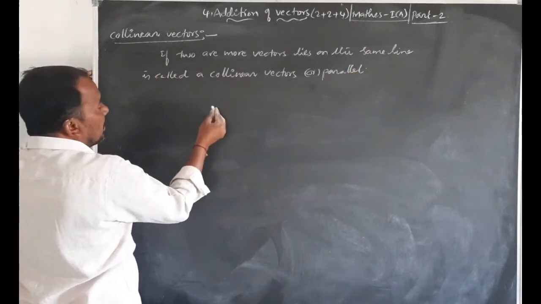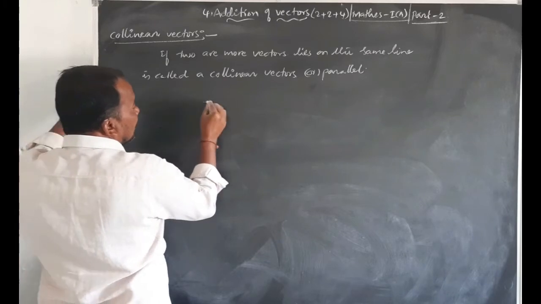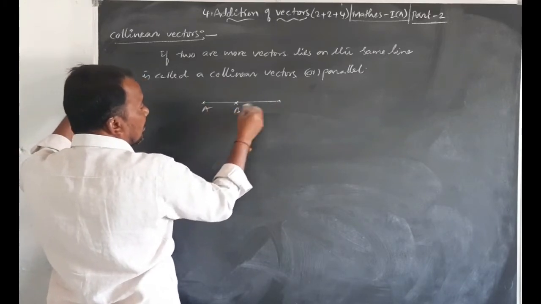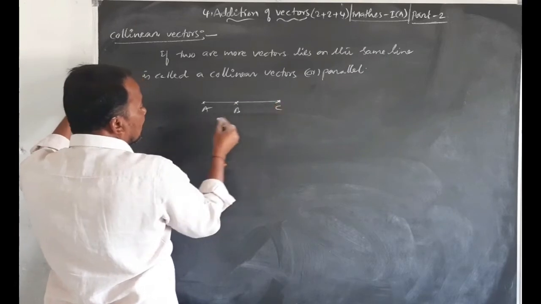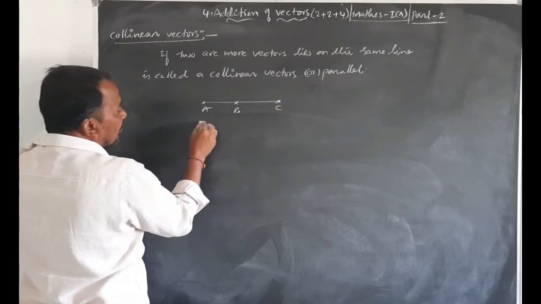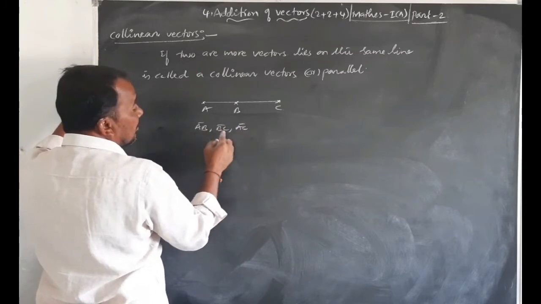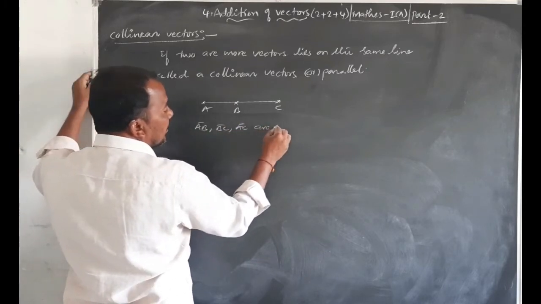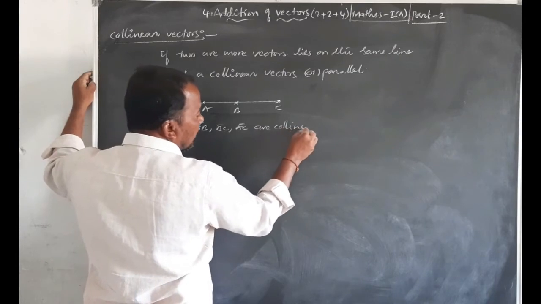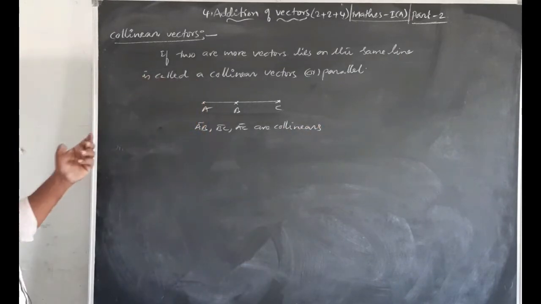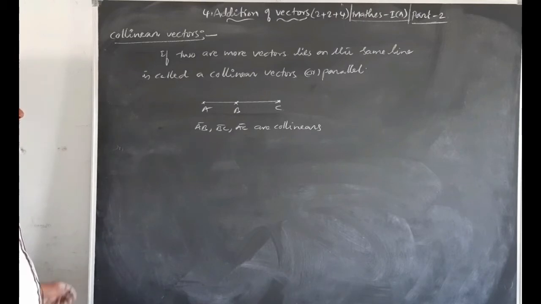Collinear means two or more vectors A, B, C. So AB, BC, AC, three vectors are collinear. Two or more vectors lie on the same line.